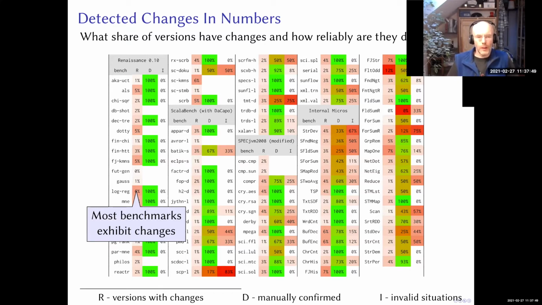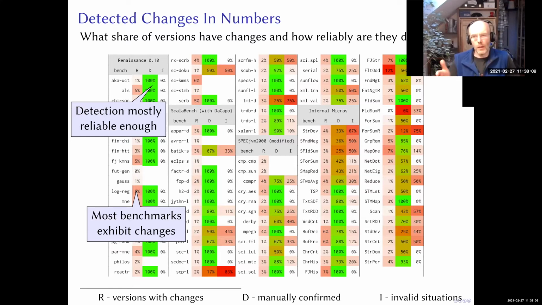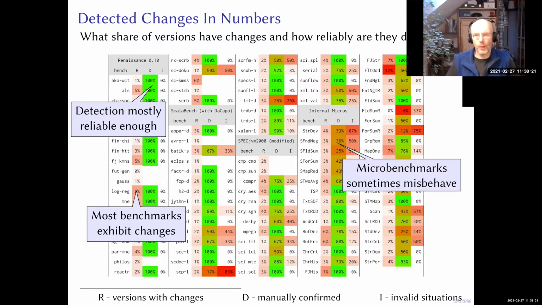The next column is perhaps more interesting because what we did is we took a few hundred, about 600 or 700 of changes that we detected automatically, and we tried to decide manually whether the changes are really there or not, because we need to know whether the formulas work without false alarms. And based on the amount of green you see, I would say that the detection is mostly reliable enough, so we mostly don't have to care, except for some benchmarks, especially micro benchmarks, where the detection rate is lower.